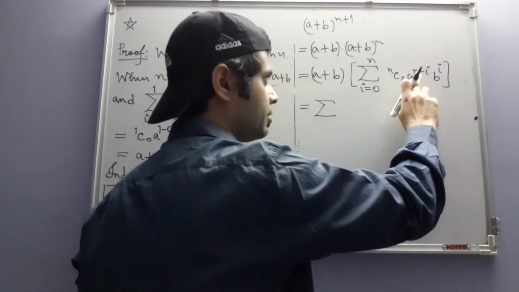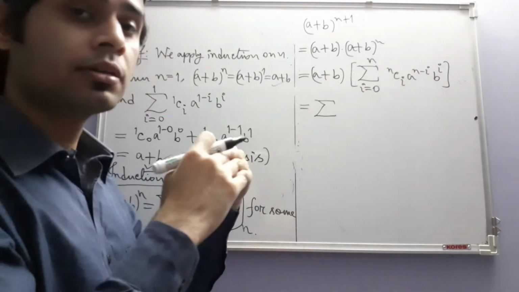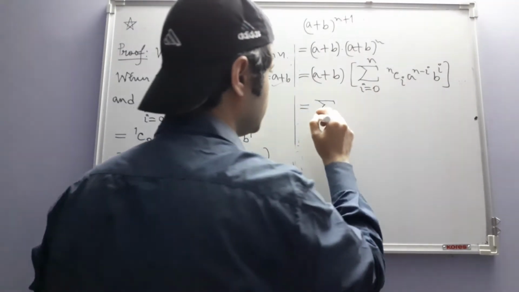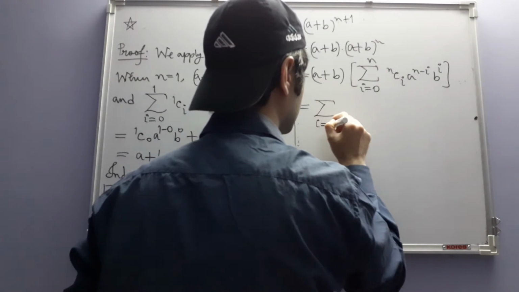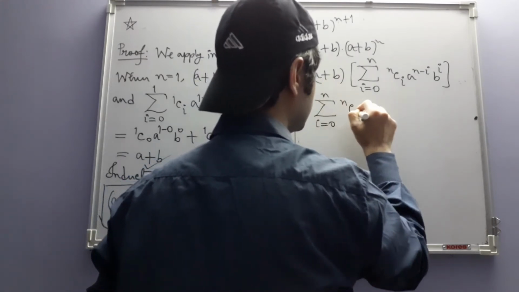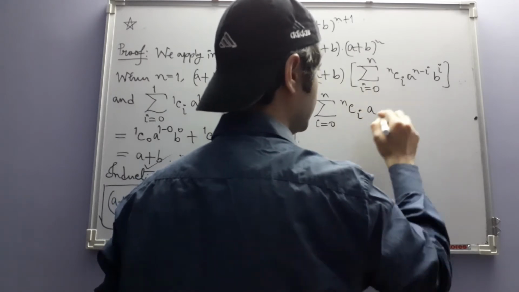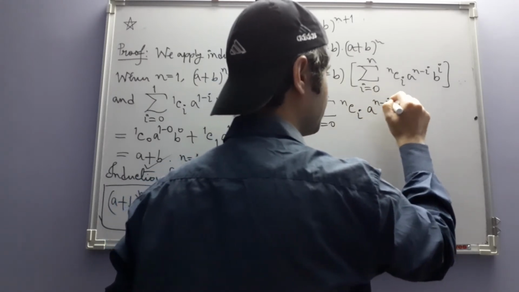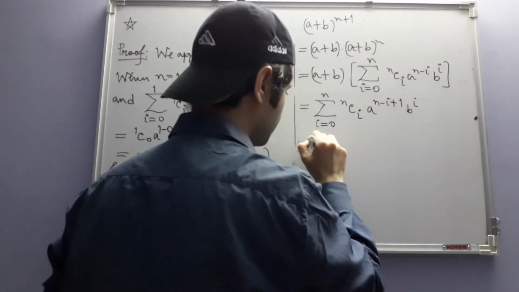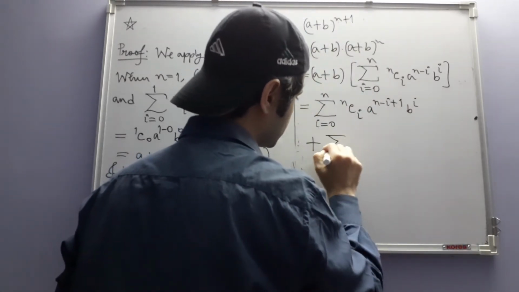So here the exponent of a will increase by 1 because I am multiplying by an extra a. Everything else remains the same. So nCi a to the power n minus i plus 1 times b to the power i, plus summation.